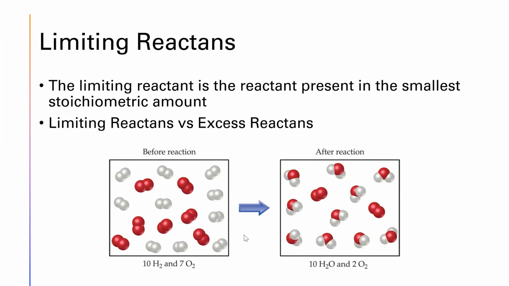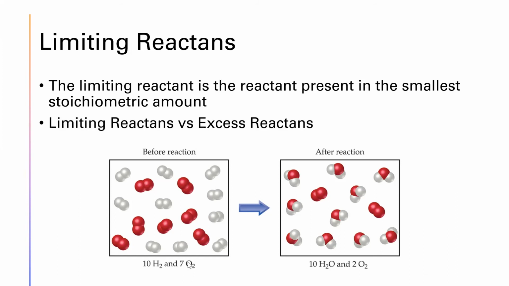After the reaction, we will produce 10 molecules of water and 2 molecules of oxygen. It means in this reaction, we have an excess reactant because we have two molecules of oxygen remaining, which means the limiting reactant is hydrogen and the excess reactant is oxygen.